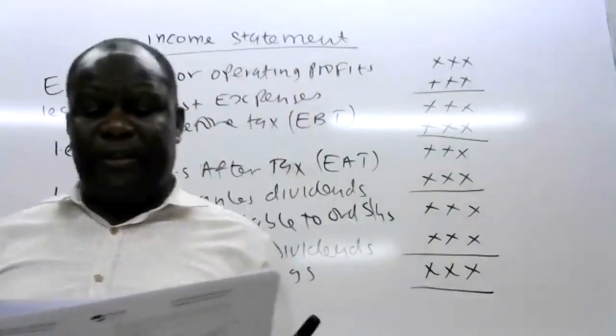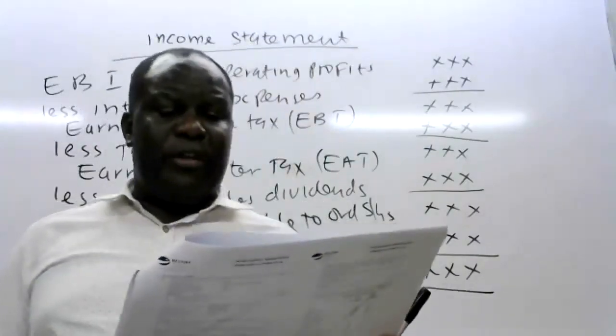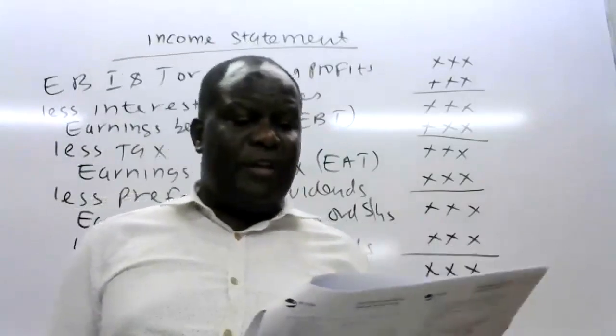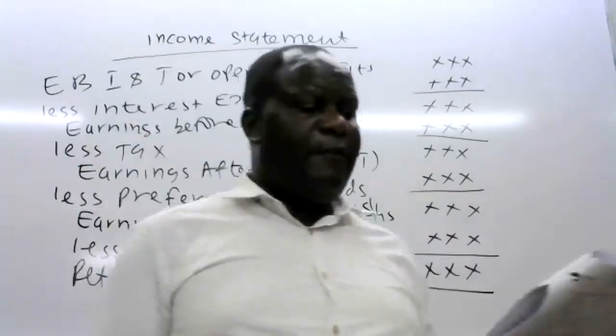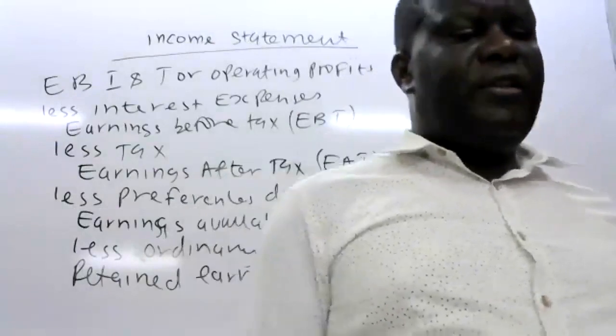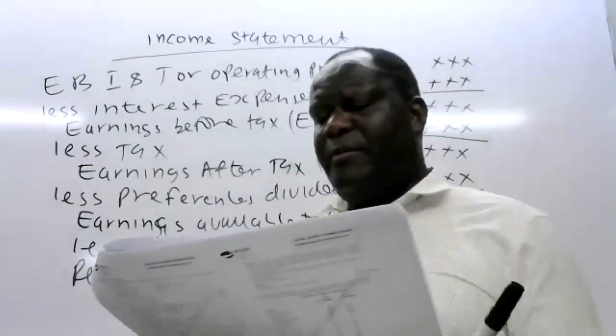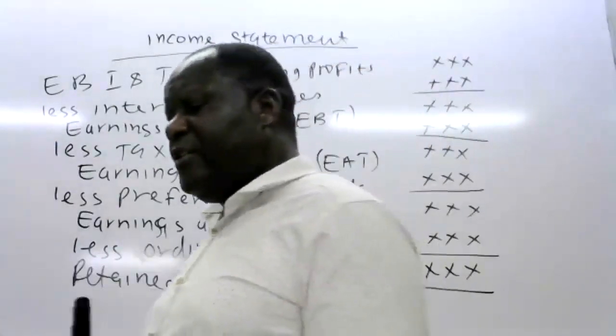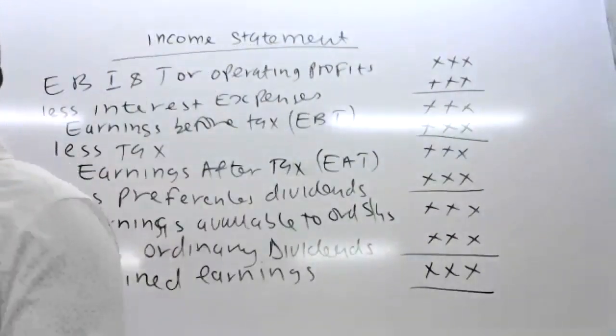So on page 63. That question reads that the following data was extracted from the financial statement of Kabucho Limited as at 30th September 2015.